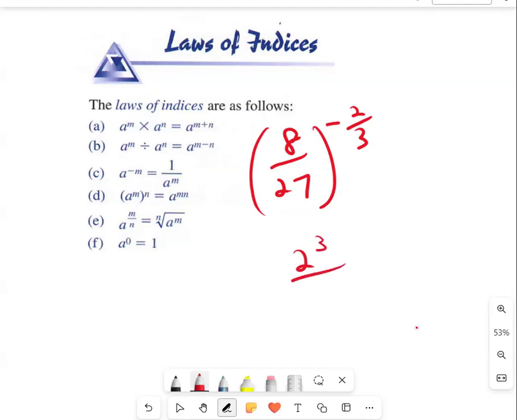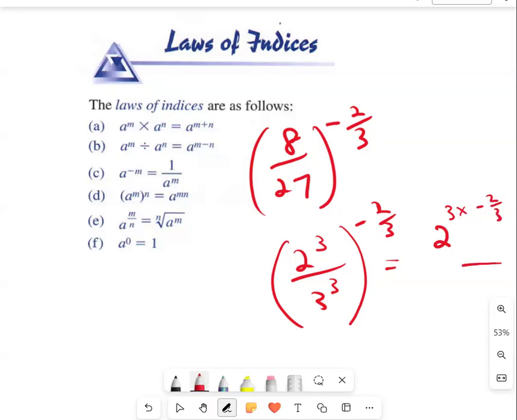So you gotta know one thing here, right? 27 is 3 cubed. Put that now to the minus 2/3. So that will be equal to 2, so you put 3 multiplied by minus 2/3 over 3 multiplied by minus 2/3, right?